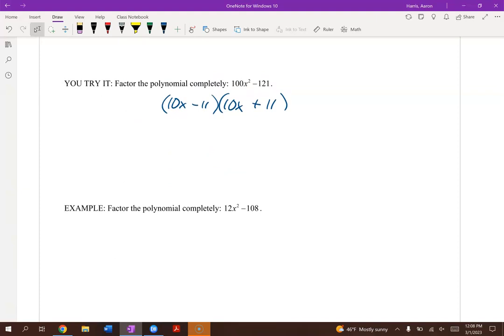Well, how about this one? 12x squared, that's not a perfect square. Neither is 108. So first thing is go ahead and factor out the greatest common factor, which is 12. And you're left with 9, right? 9 times 12, 108. And now notice we have difference of squares.